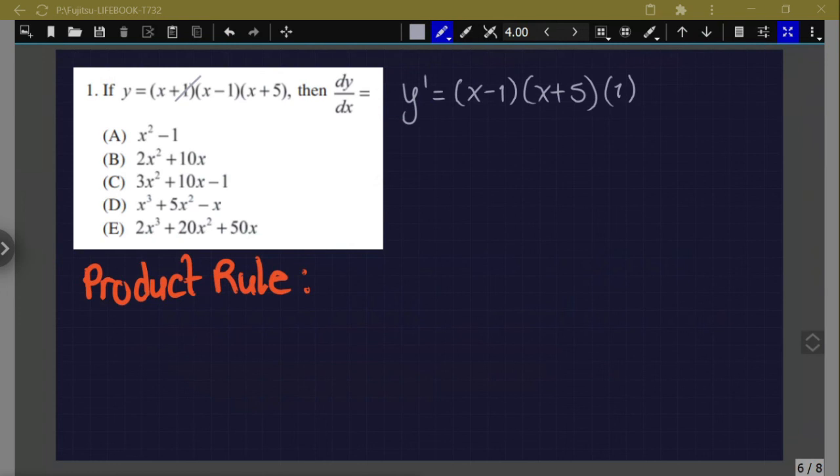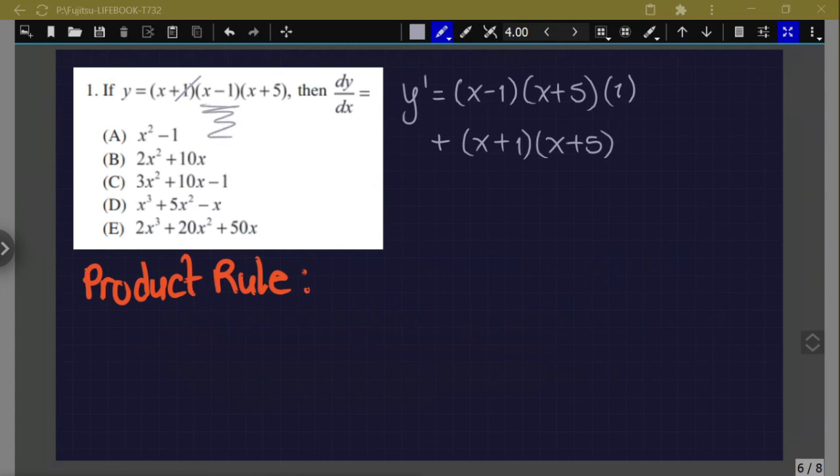Then the second term is going to be equal to the first and the third term, x plus 1, right? Times x plus 5, times the derivative of the second term, which is this one here.